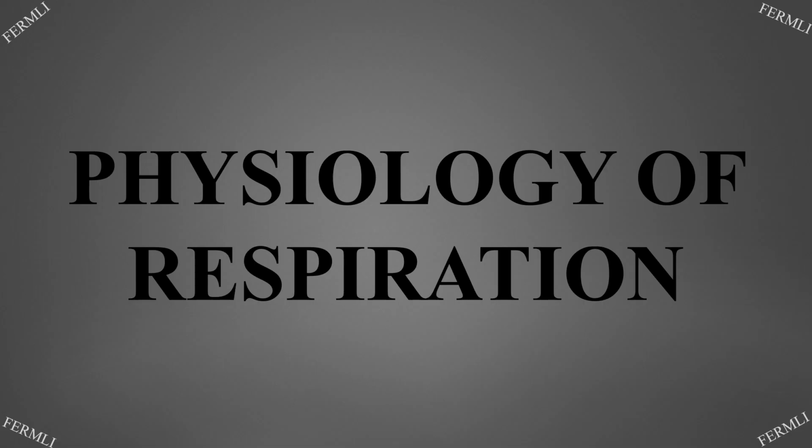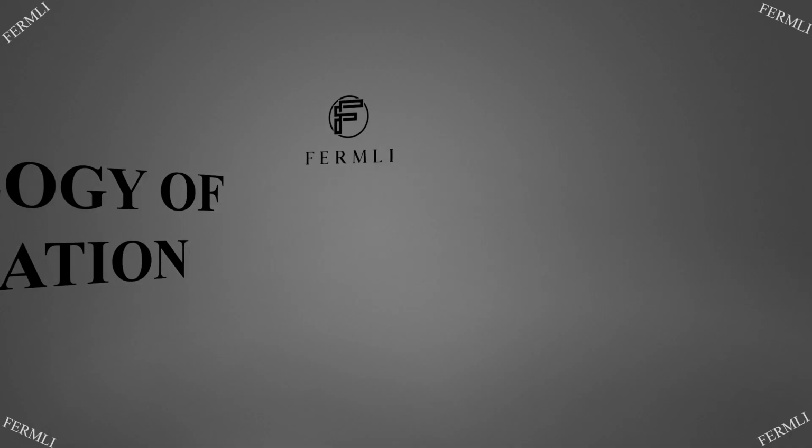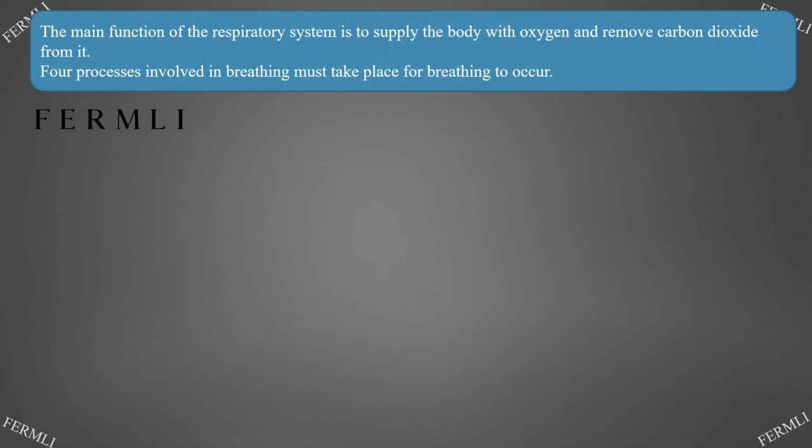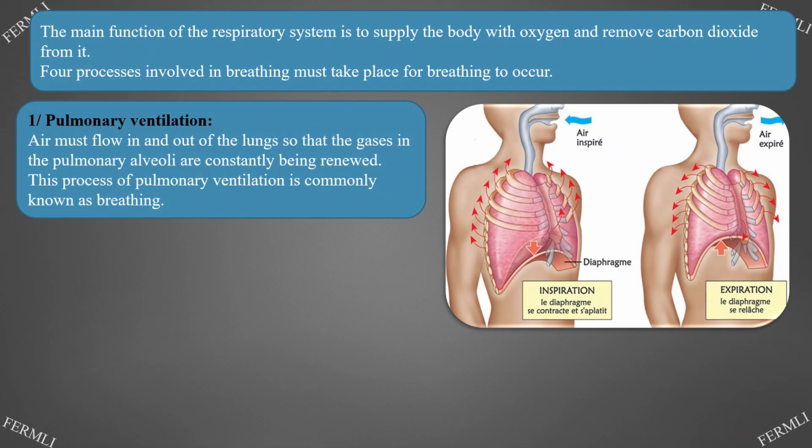Physiology of respiration. The main function of the respiratory system is to supply the body with oxygen and remove carbon dioxide from it. Four processes involved in breathing must take place for respiration to occur. 1. Pulmonary ventilation.